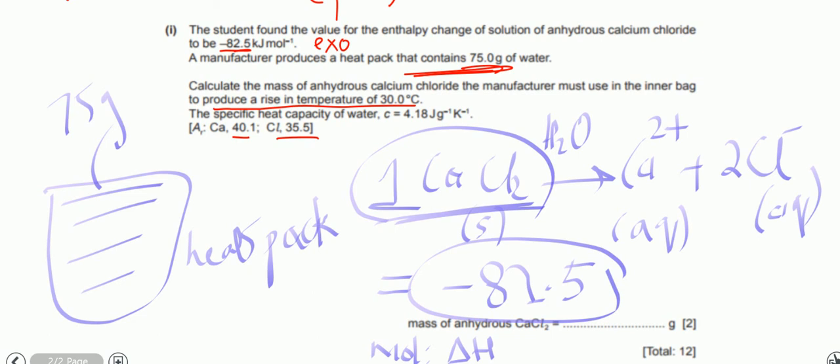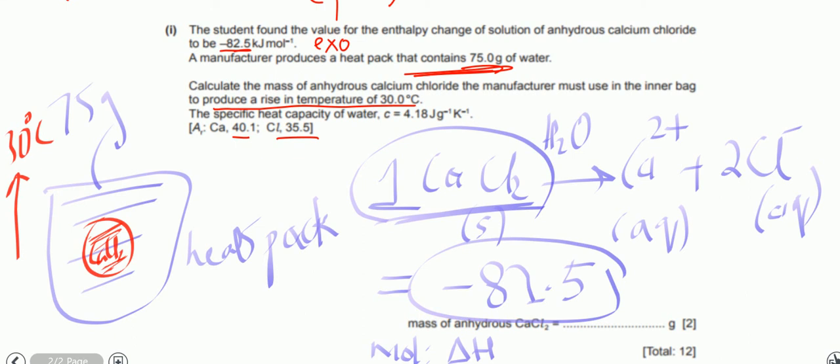Now, we have the smaller inner bag, and obviously it's going to have our calcium chloride. The question is asking how much calcium chloride we need in this inner bag so that when it ruptures and the reaction proceeds, we get a temperature rise of 30 degrees Celsius. So they're asking what mass we need.